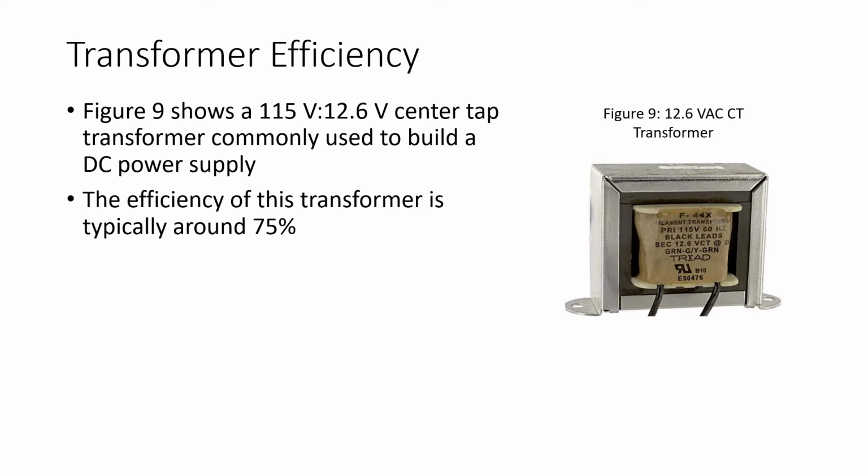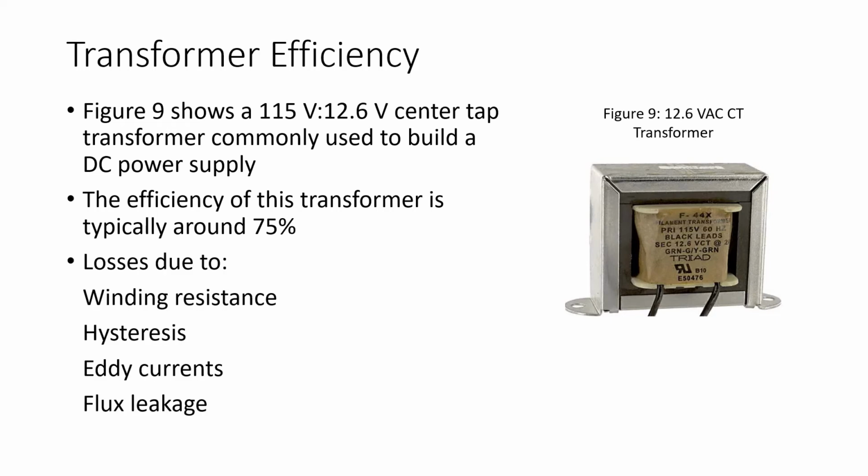Now, this transformer is losing 25% of the power supplied to the primary, and this power is lost in the form of heat. And as we talked about in one of the videos on magnetism and electromagnetism, these losses are due primarily to winding resistance, but also hysteresis, eddy currents, and flux leakage.